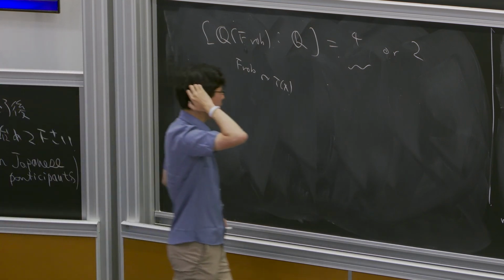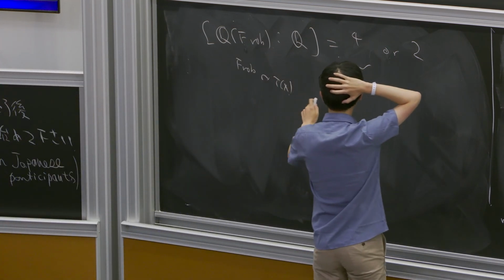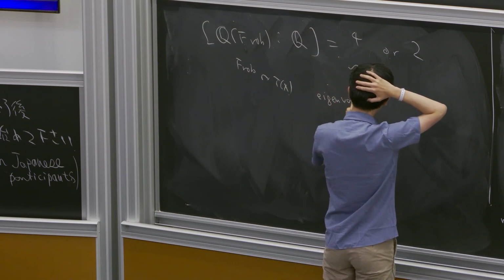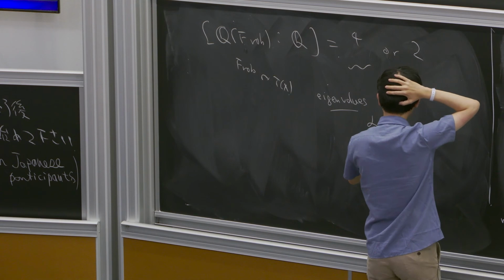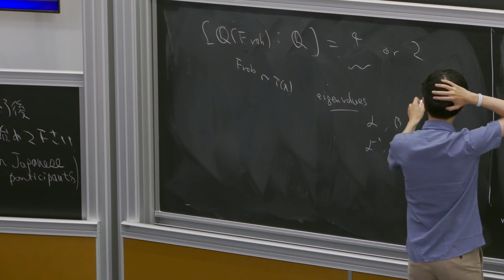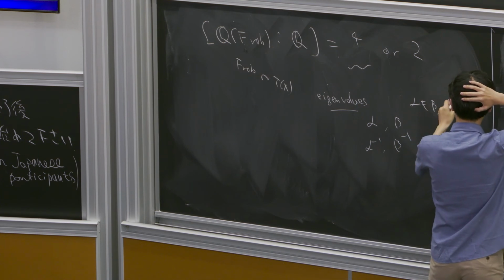And a trick here is, the eigenvalues of Frobenius can be written as alpha, beta, alpha inverse, beta inverse, and they're different.